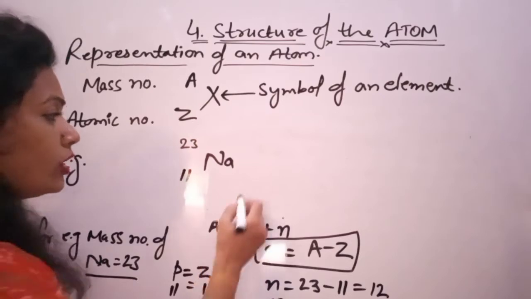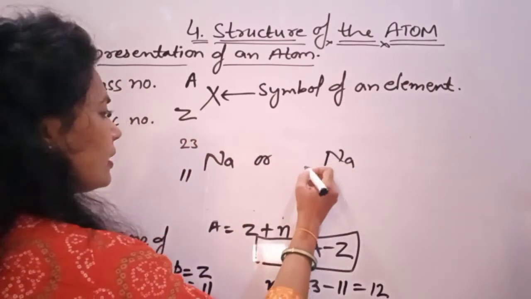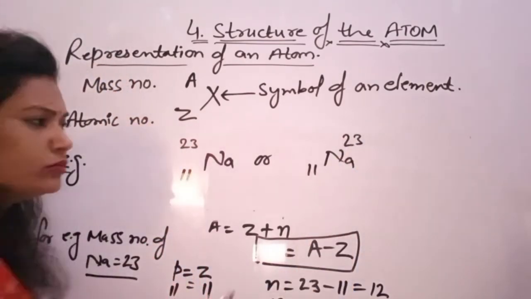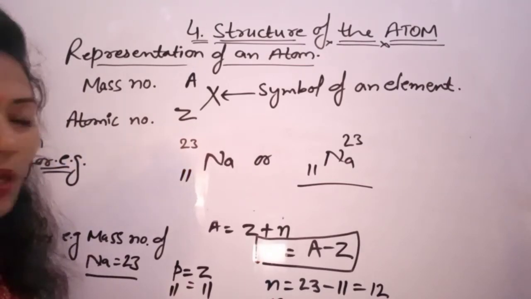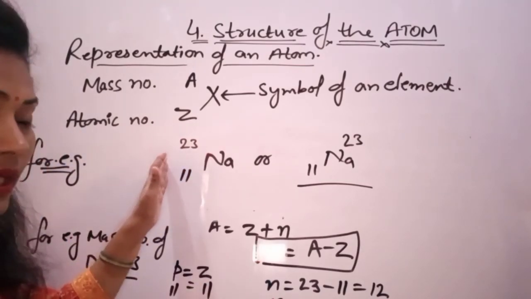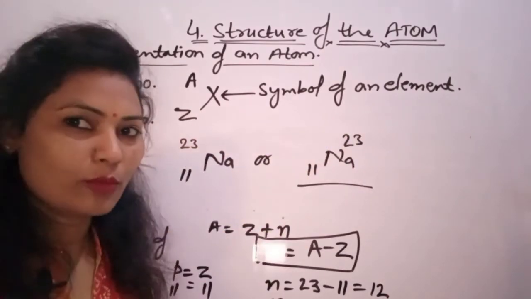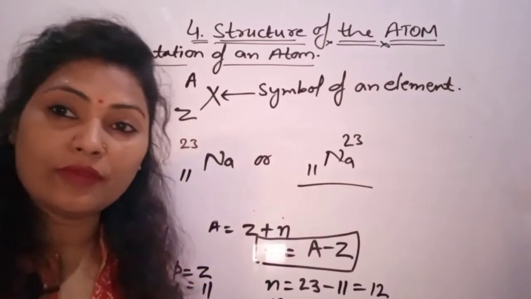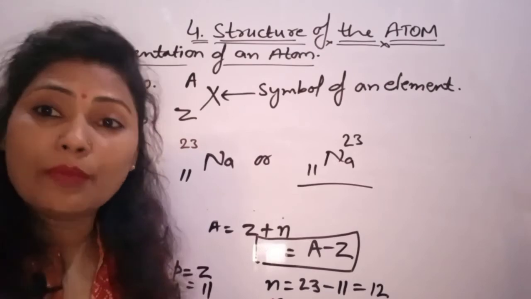Or you can write Na, 11 and 23 like that also. In some books it is written like that, so don't worry about that. It may be written on this side or maybe that side. No problem regarding that, but you should be aware that at the base we write the atomic number and at the top we write the mass number.